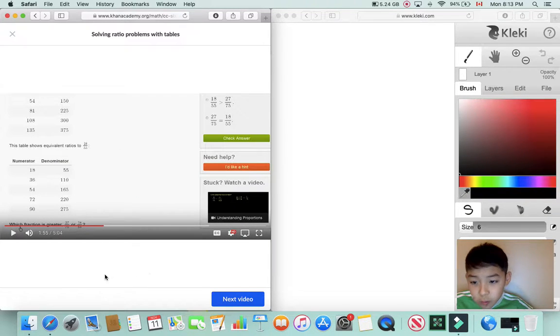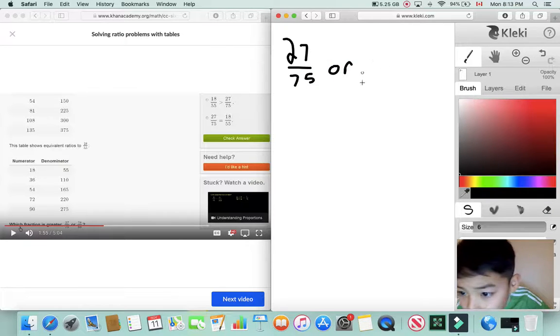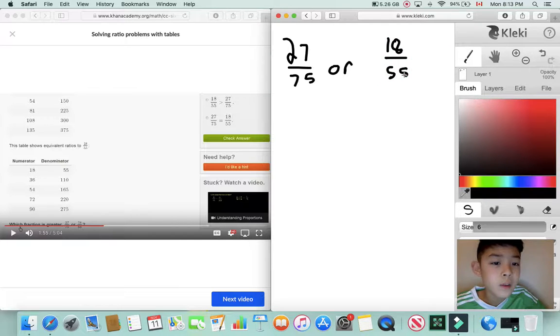Which fraction is greater? Okay, so we'll write down this side.